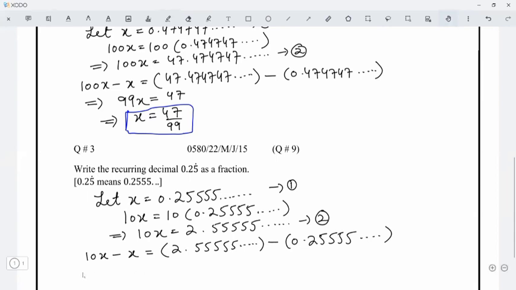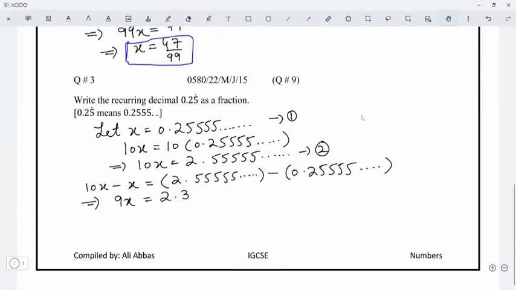On the left hand side, 10x minus x gives you 9x. If you subtract this in the calculator, writing it down as it is, you will get 2.3 as the answer. But you can see there is a decimal point, and we need to remove it. Before doing that, I'm simply putting the 9 onto the other side. So what will we get?